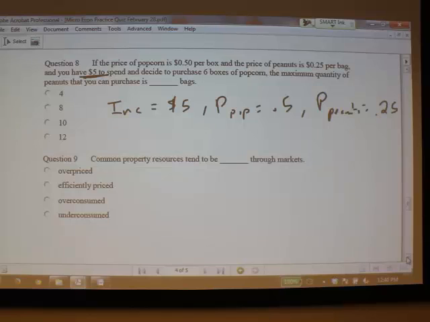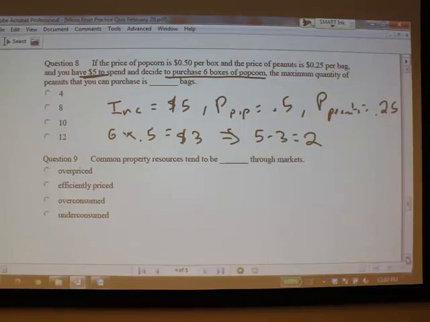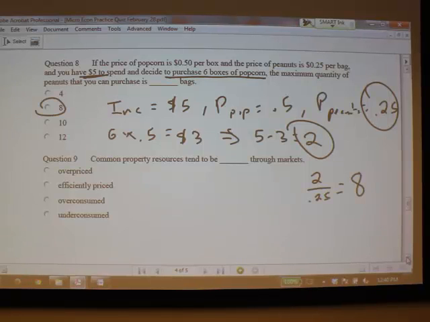You've purchased 6 boxes of popcorn. 6 times 50 cents equals $3. So how much of your income do you have left? 5 minus 3 equals $2 left. Given that peanuts are 25 cents each and you have $2 left, that's 2 divided by 0.25. You can buy 8 bags of peanuts.